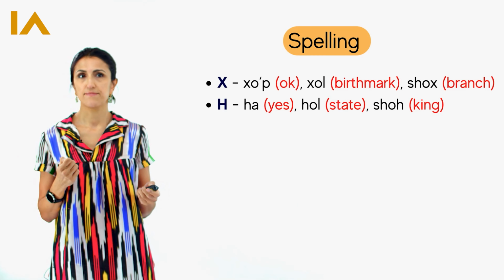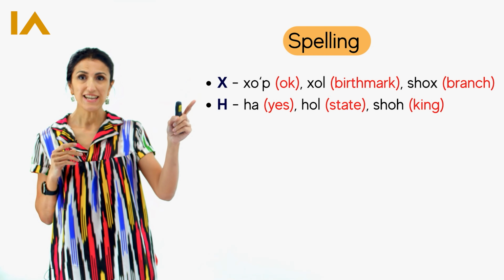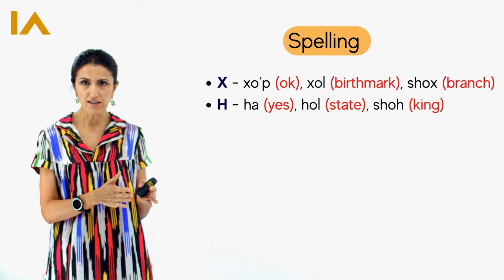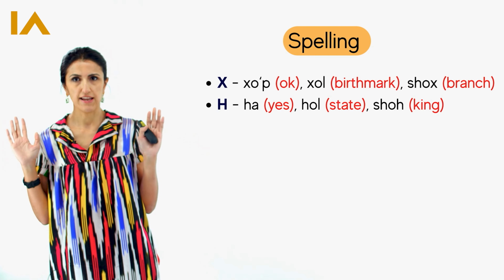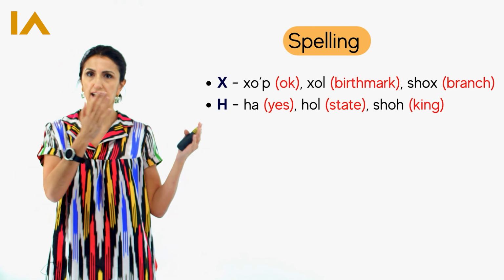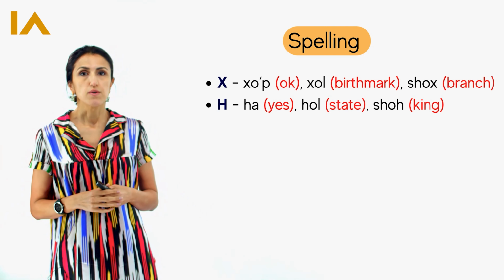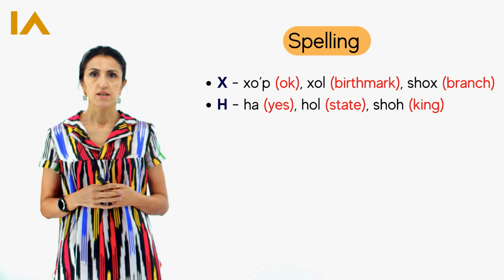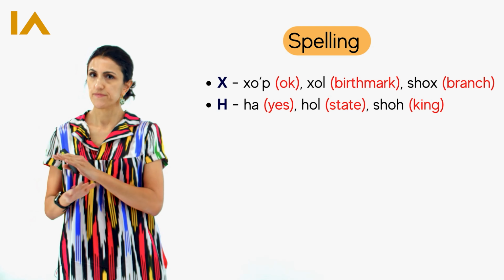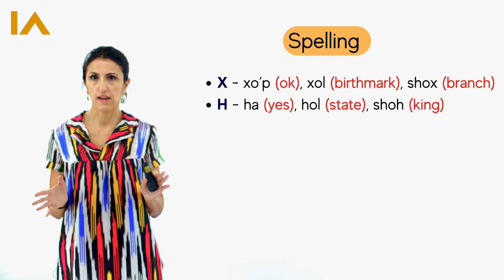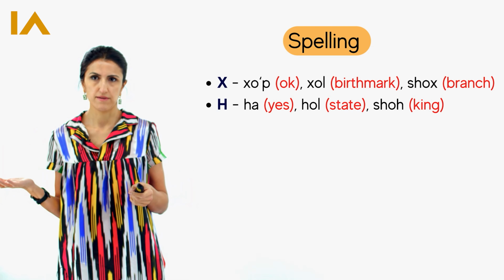The next two letters: kattık he, yumşak he. Hard he, X and soft he, H. In English, X and H. In Uzbek, kattık he, yumşak he. Okay? When it comes to saying, it doesn't matter how you say it, either the hard way or the soft way.